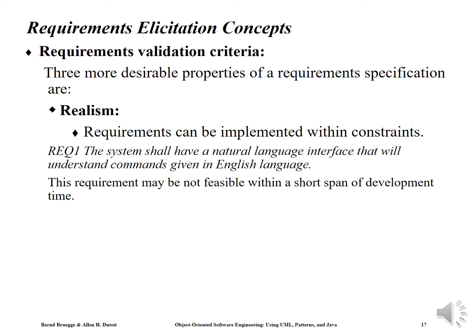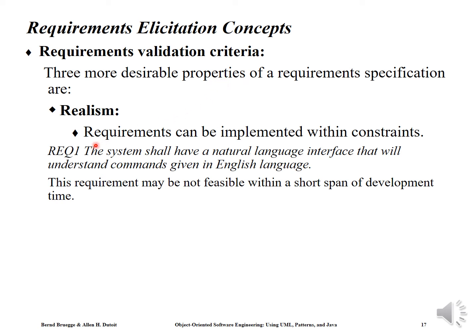So next, three more desirable properties of a requirement specification are that a requirement must be realistic, verifiable and traceable. So realism means the requirement must be implemented within constraints. It must be possible. It must be realistic.